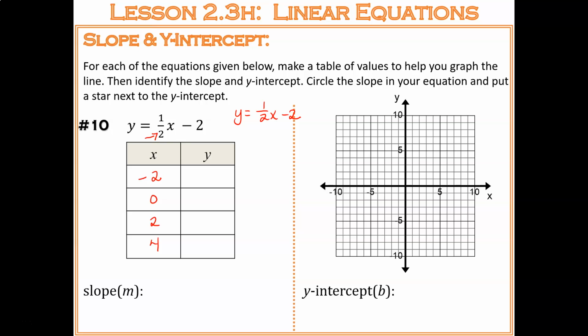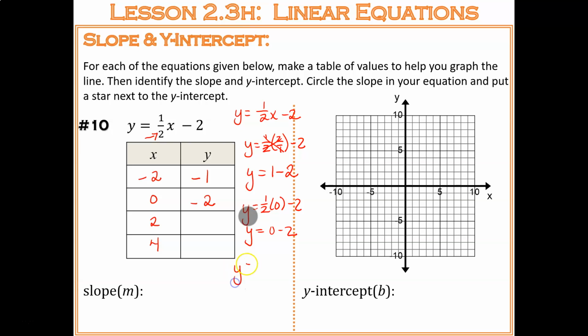So when I plug in that -2, I have 1/2 times the 2 over 1. I'm going to put it over 1. I cancel, and I end up with y equals 1 minus 2, which is -1. When I plug in the 0 for the x, I have y equals 0 minus 2, which is -2.